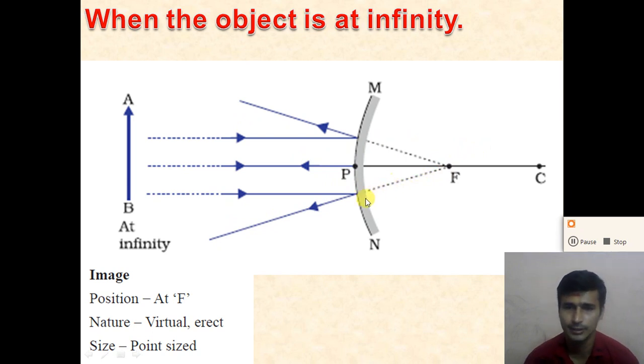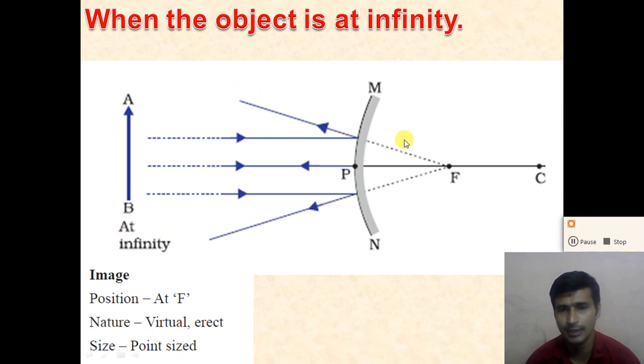So after reflection, the ray of light appears to pass from the principal focus. It will not actually pass from the principal focus; it will appear to pass from the principal focus. So you see these 2 rays. These 2 rays cannot actually meet. So a real image cannot be obtained by the convex mirror, right?